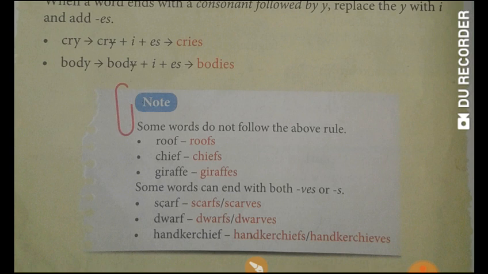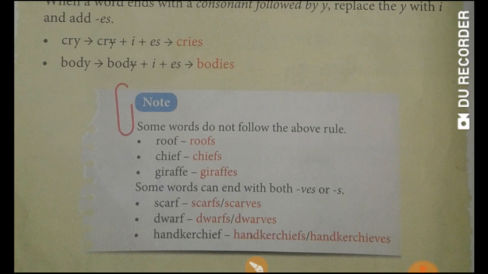Some words can end with both ves or s. Means there are some words which can be formed as plurals by adding s or by adding ves. For example, scarf.